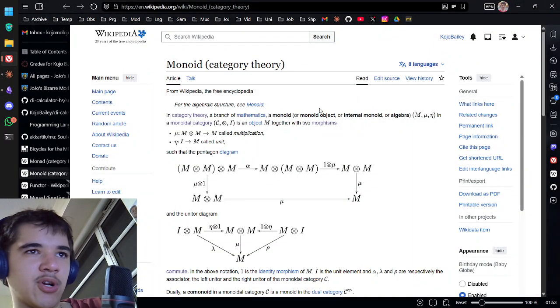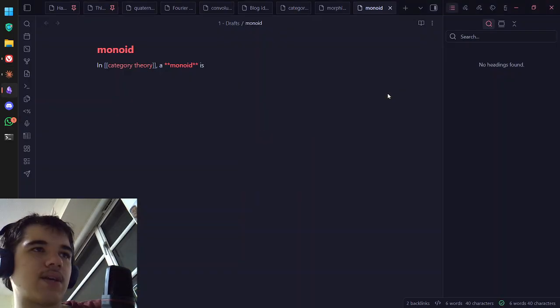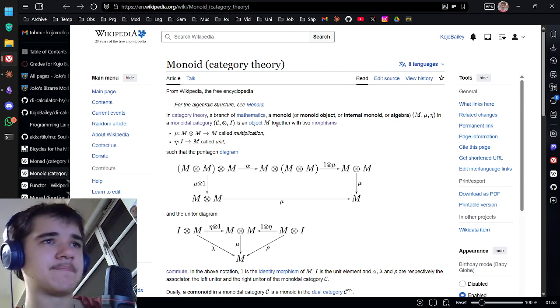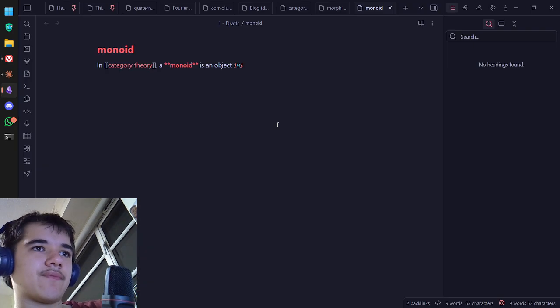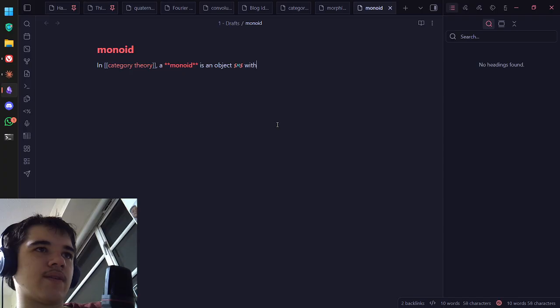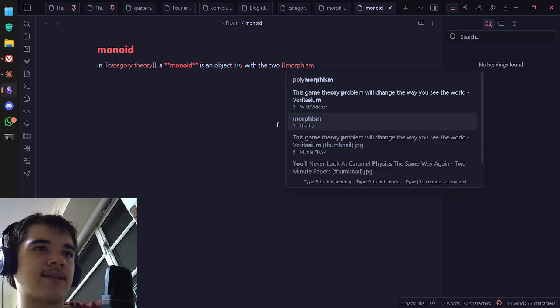Yeah, it says here monoid object. A monoid is an object M with the two morphisms. I love that I can just link this. Morphisms.